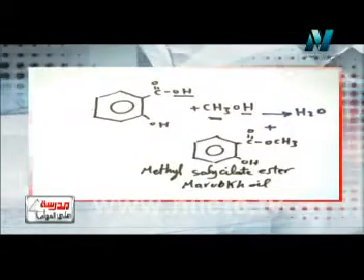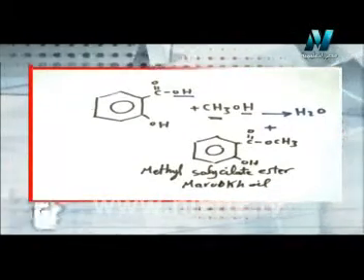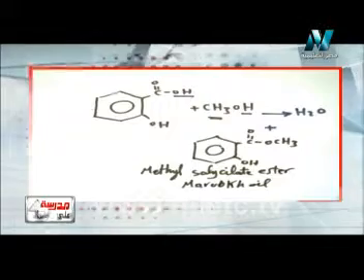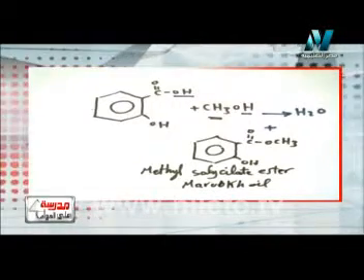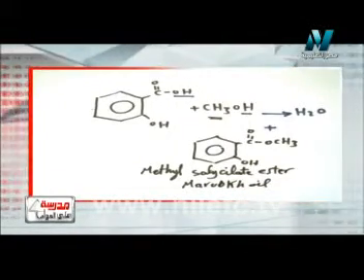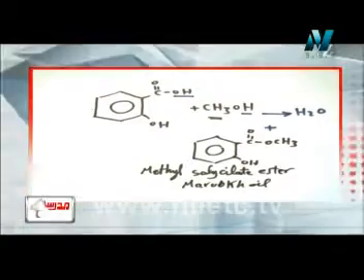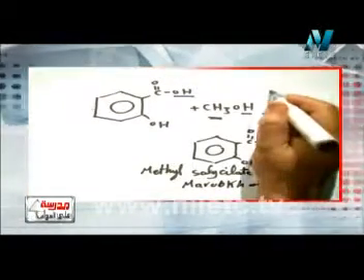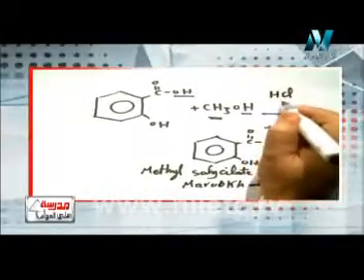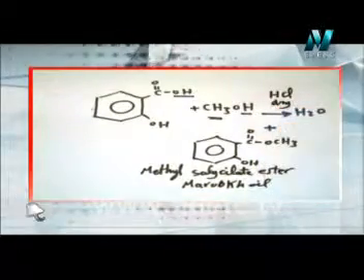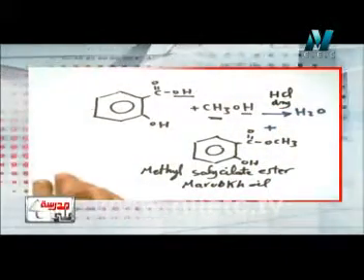Here, as a drying agent, we don't use conc H2SO4 due to the presence of the benzene ring, so we use dry HCl. It is used as a dehydrating agent also.